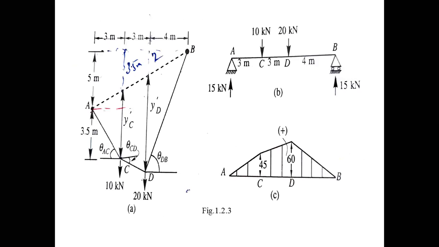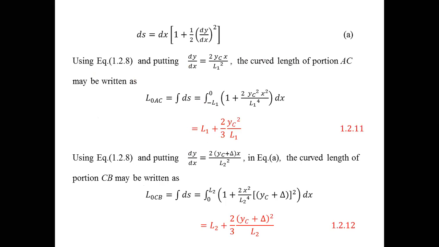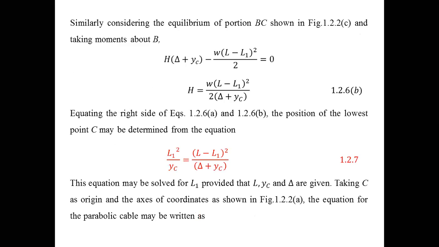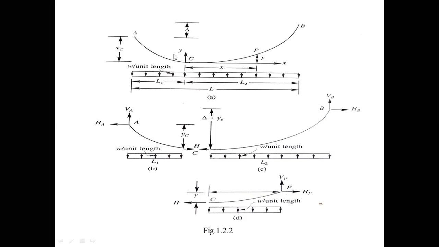Let us take a derivation figure. Let us draw the figure, this one. Support A and support B are at different levels, and support B is higher than support A by delta, which is given as 12.5 meters.